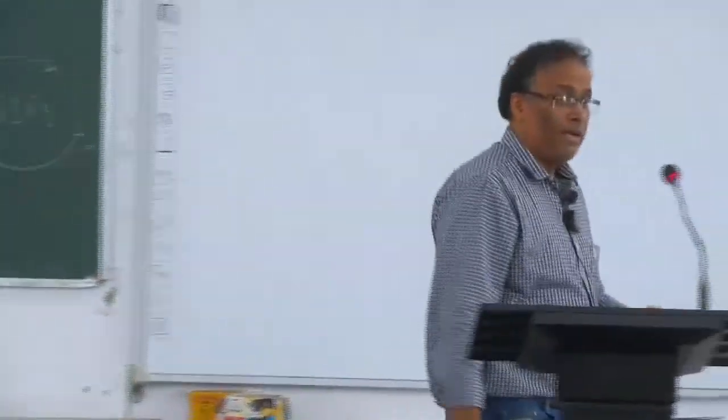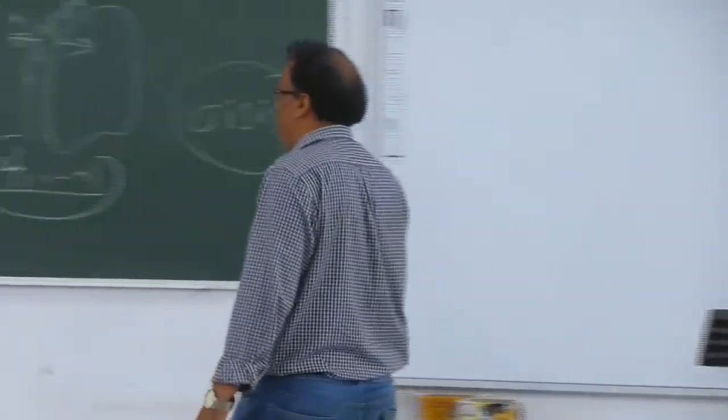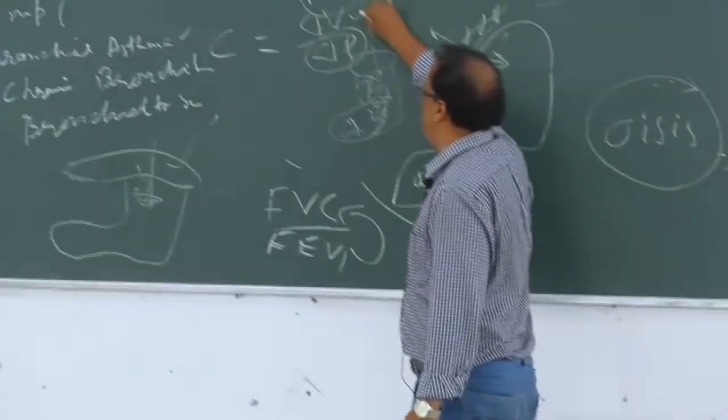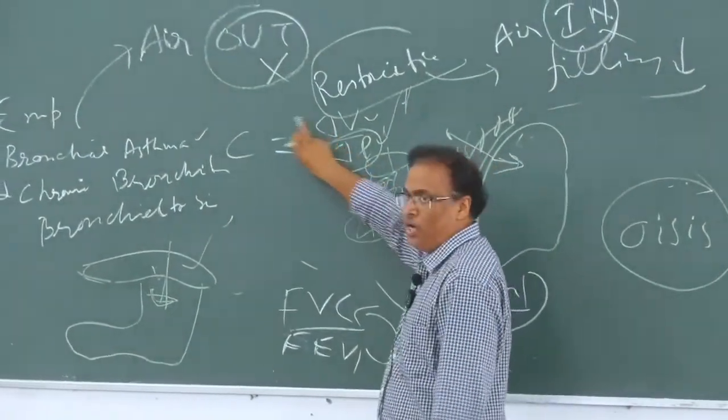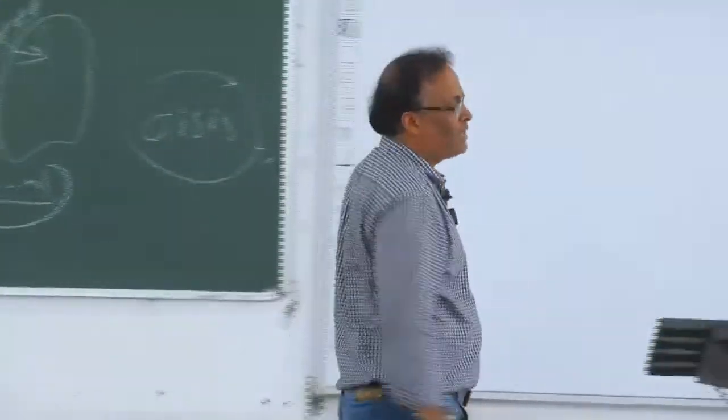Some students could not even state the formula. So compliance equals delta V by delta P means volume change over pressure change. So compliance is inversely proportional to the pressure change and directly proportional to the volume, right?